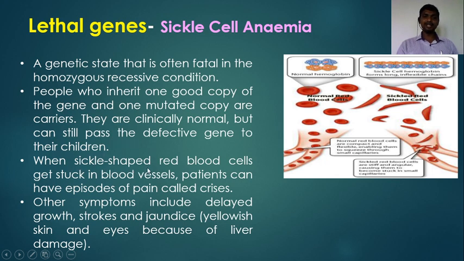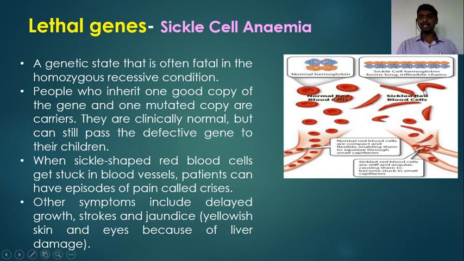When sickle shaped red blood cells get stuck in the blood vessels, patients can have episodes of pain called crisis. Here in this picture we see the normal hemoglobin and red blood cells. These are the normal red blood cells, which are oval or rounded in shape, while the homozygous recessive individuals have sickle shaped red blood cells.